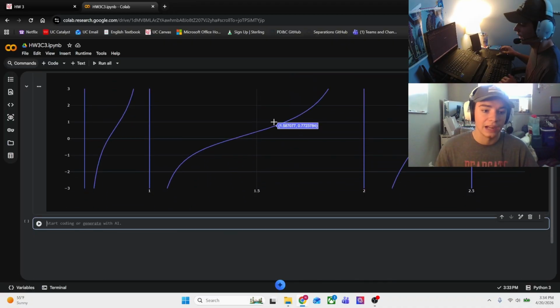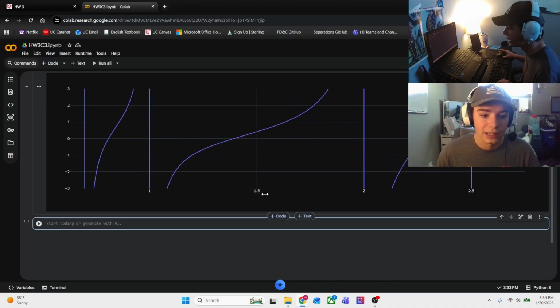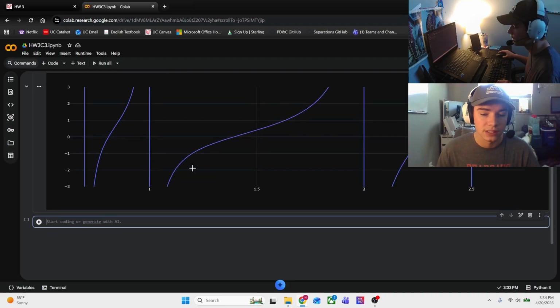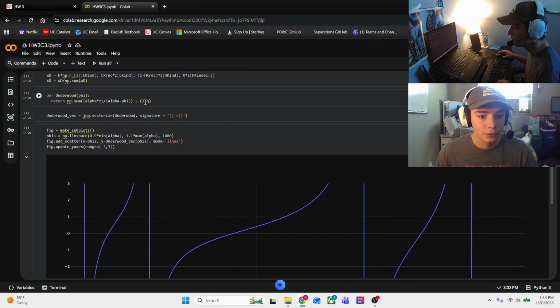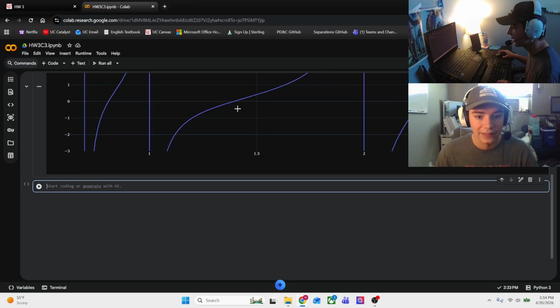So just to get that in writing, so I'm not just putting in a guess, we're going to use the SciPy root_scalar function on our Underwood equation to find where exactly that phi value is.